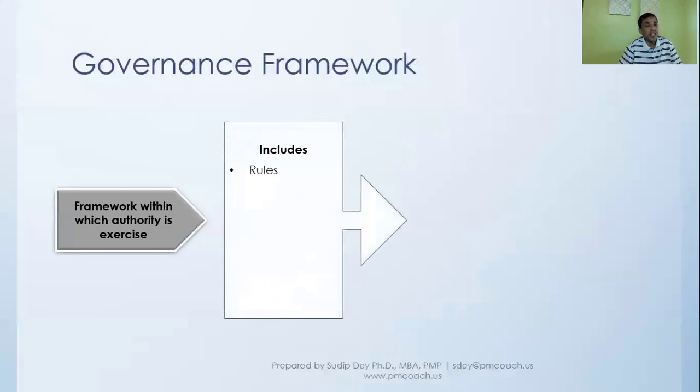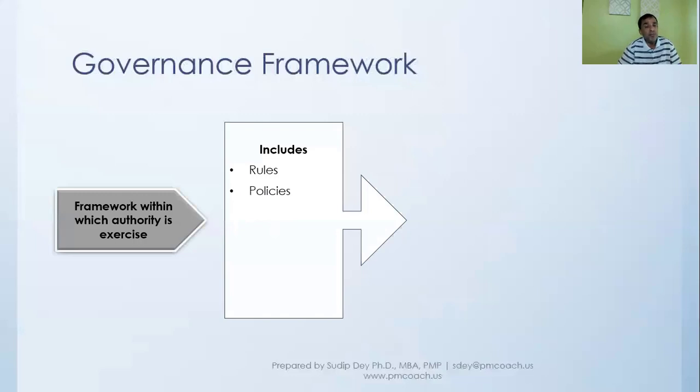There will be different kinds of rules. For example, if you want to approve an expense over 50,000, then you have to go to that level. Or if it is below that 50,000 mark, then someone else can approve that. So there will be different kinds of rules.